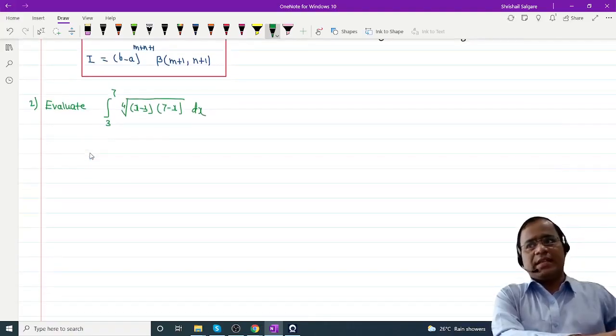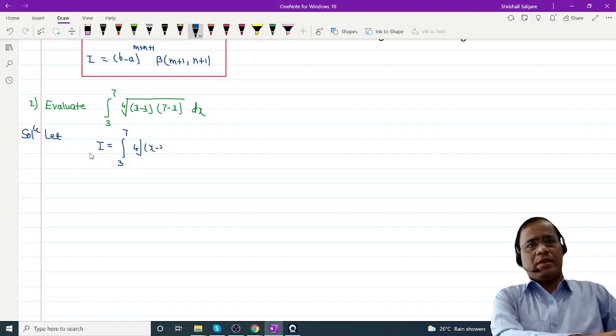I will call this integral I. So let I be the integral from 3 to 7 of the fourth root of (x minus 3) into (7 minus x), with respect to x. The fourth root I will write in terms of a power. What do I have to write then? x minus 3 raised to what, and 7 minus x raised to what? What is the power?